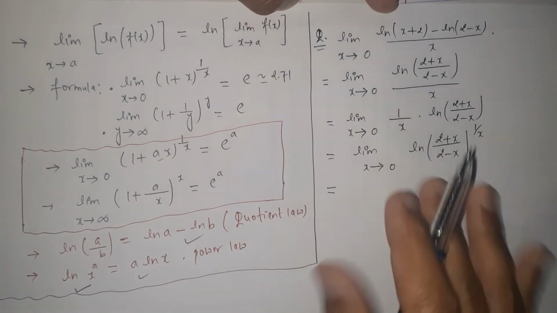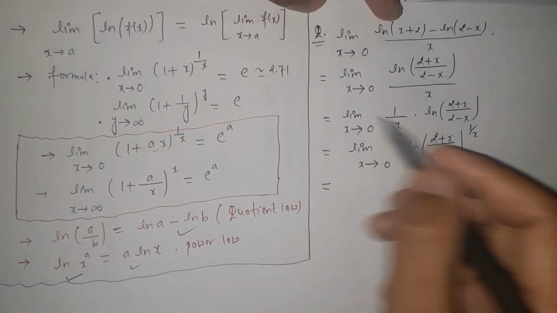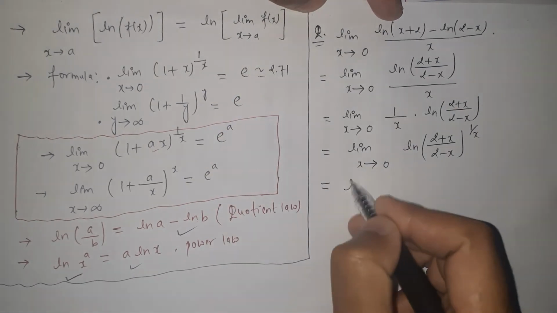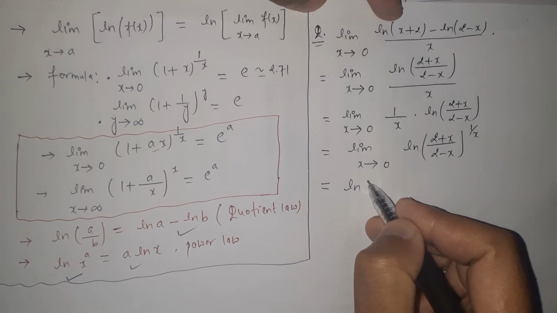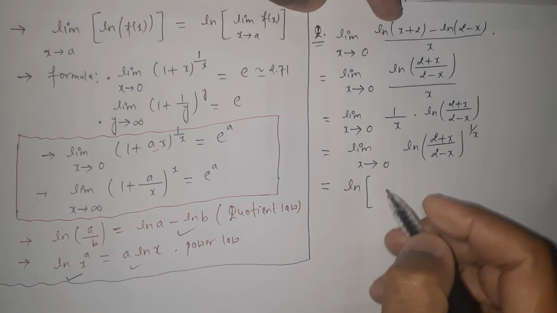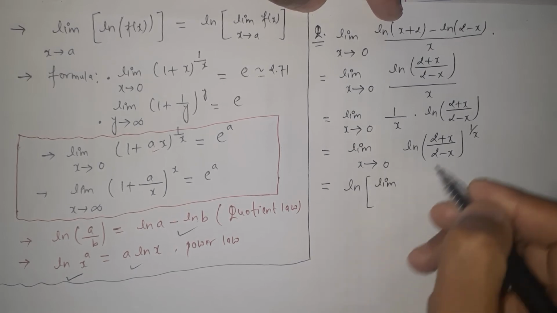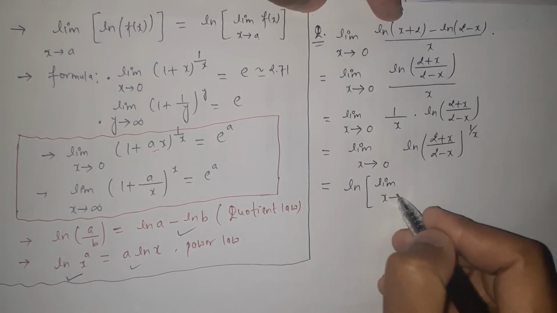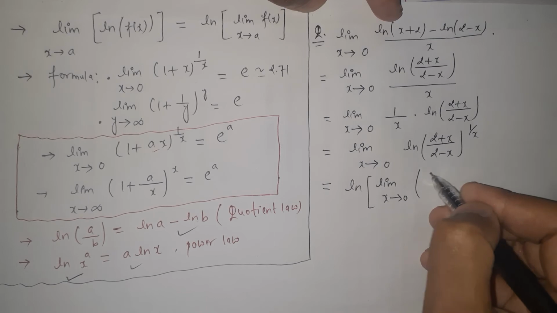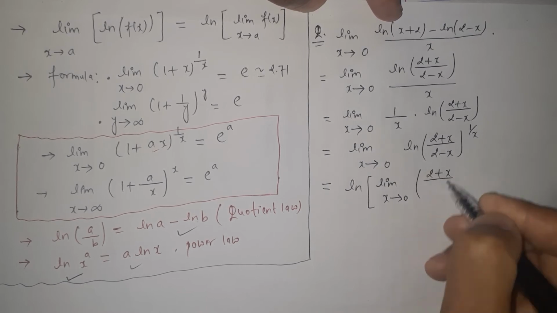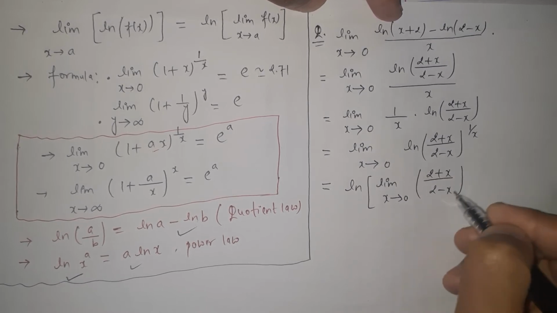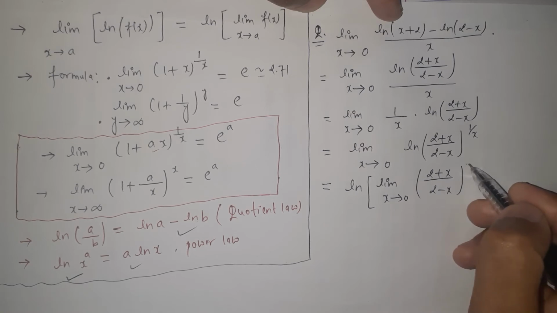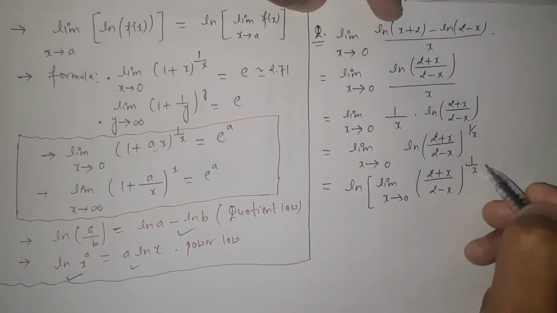Let's write this expression in this form: ln of the limit as x approaches 0 of the function 2 plus x over 2 minus x raised to the power 1 over x.